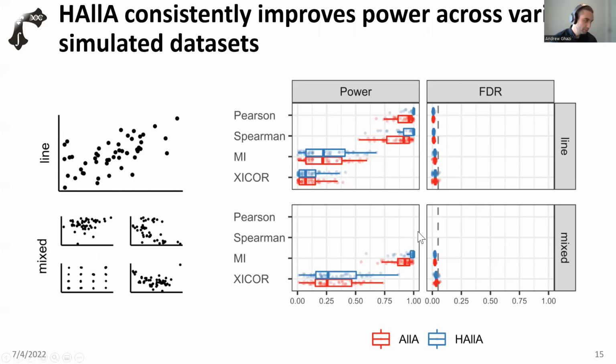And we show that depending on your association metric and the association structure type, HAllA almost always, or practically always, gets higher power and meanwhile maintains the desired false discovery rate.